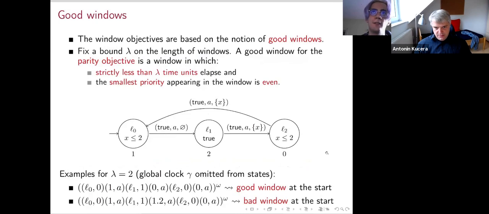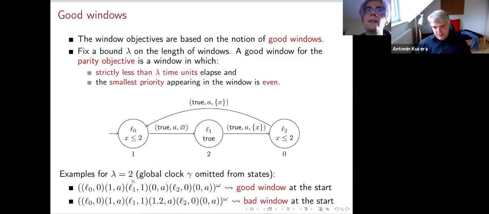The window objectives are based on the notion of good windows. So if we fix a bound lambda on the time of windows, a good window for the parity objective is a window in which strictly less than lambda time units elapse, and the smallest priority that appears in the window is even. Let us consider this timed automaton and a window size of at most 2.